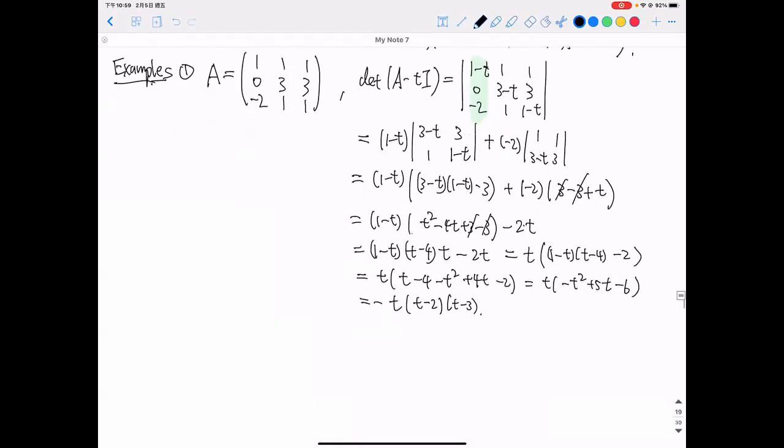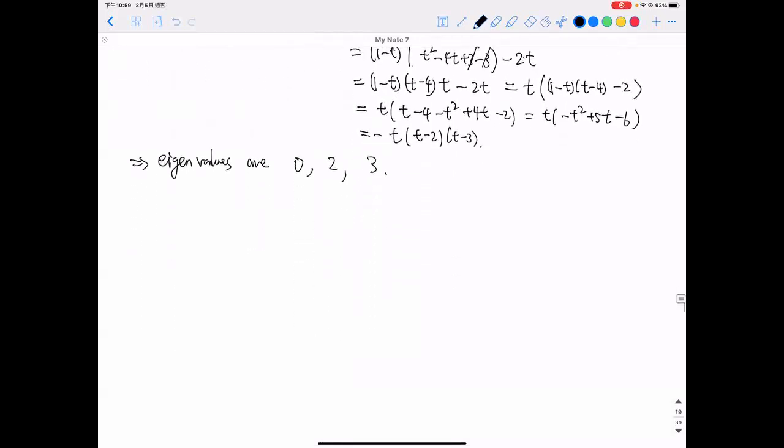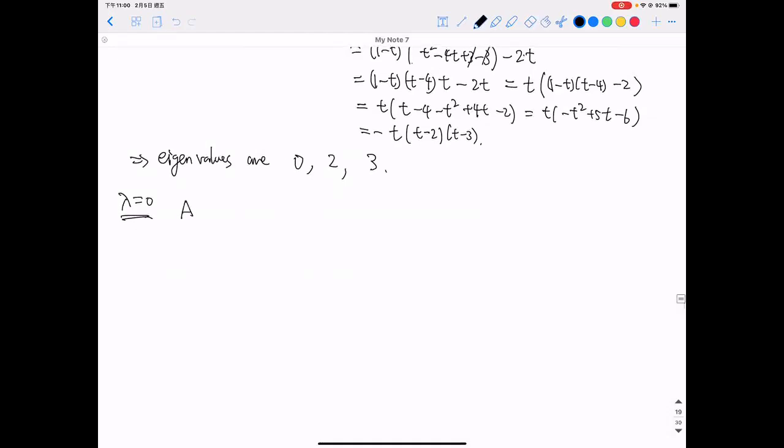We definitely have done this before, but it's good that we can do it again. So the eigenvalues are 0, 2, and 3. Now for lambda equals 0, we have to solve the system Ax equals 0, because lambda is 0.